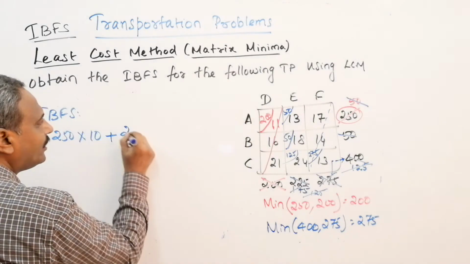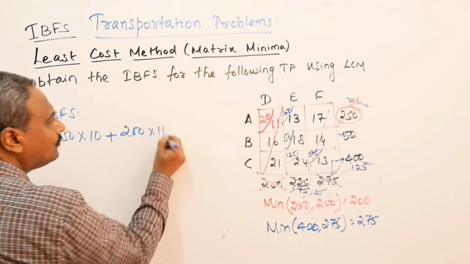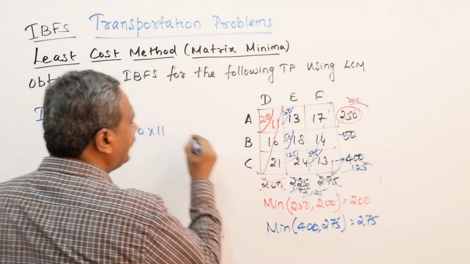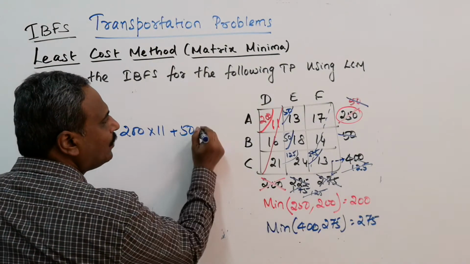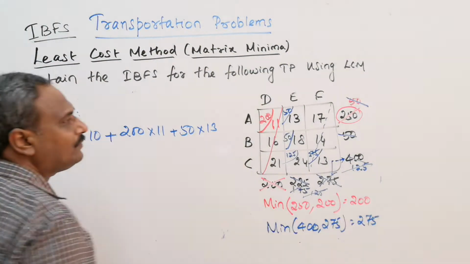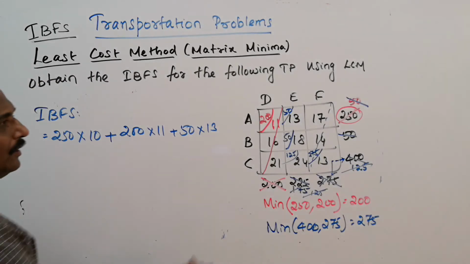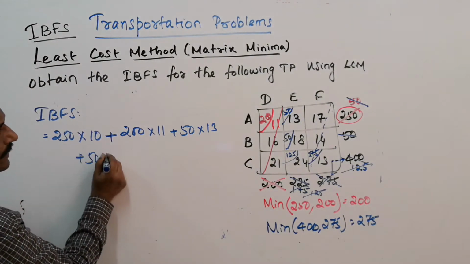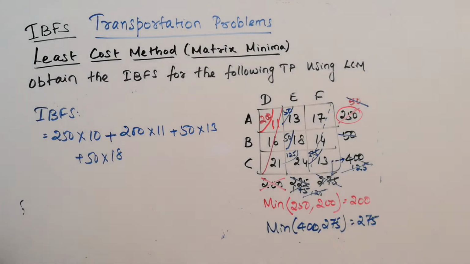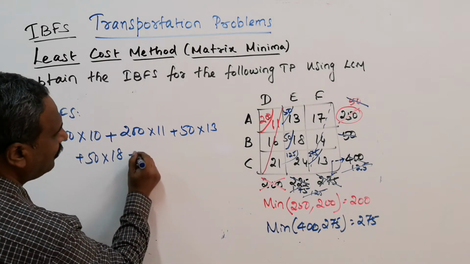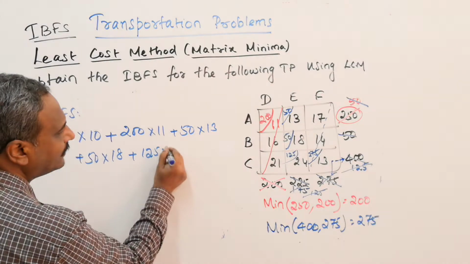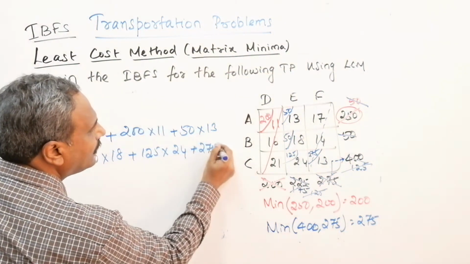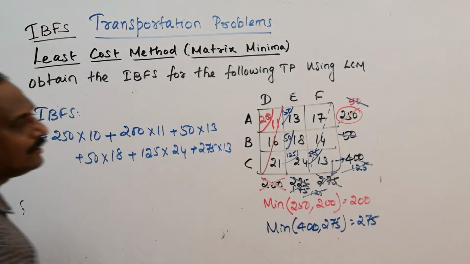We are allotting 200 quantities for 11 reals. Next, we are allotting 50 quantities at the cost of 13. Next, 50 quantities at the cost of 18. The next one, 125 quantities at the cost of 24, and 275 quantities at the cost of 13.